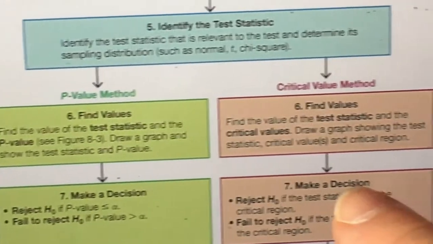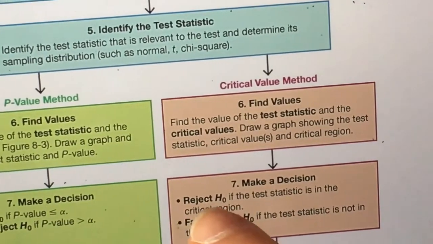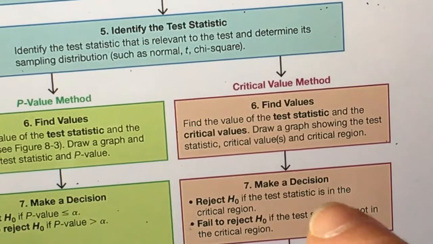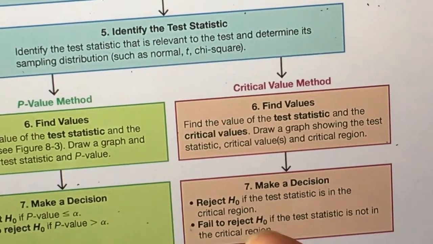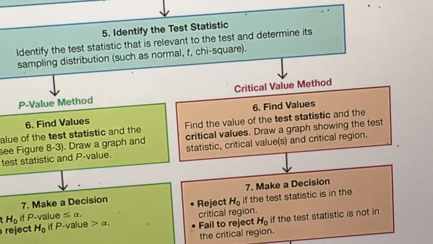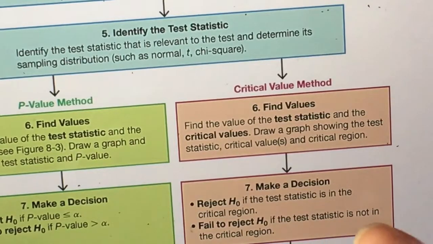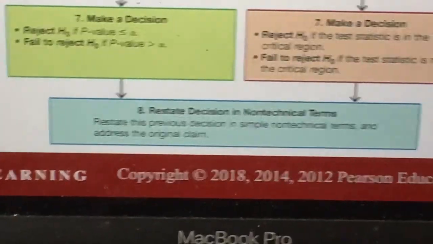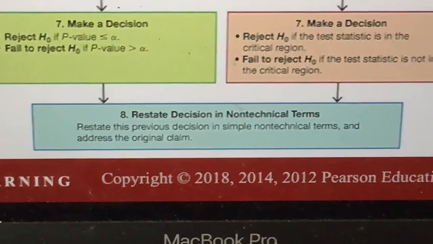Over here on the critical value method, we're going to reject H sub 0 if the test statistic is in the critical region. And we're going to fail to reject H sub 0 if the test statistic is not in the critical region.